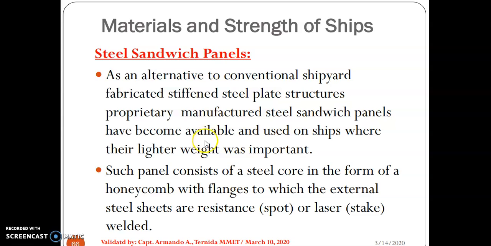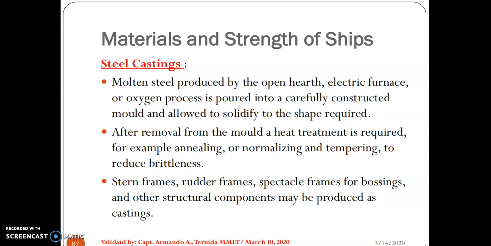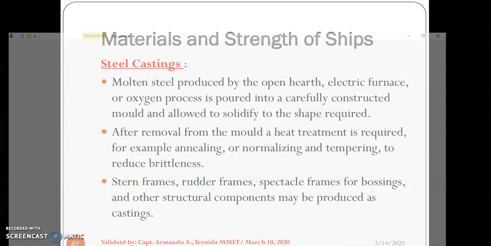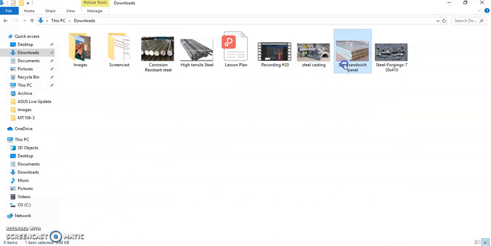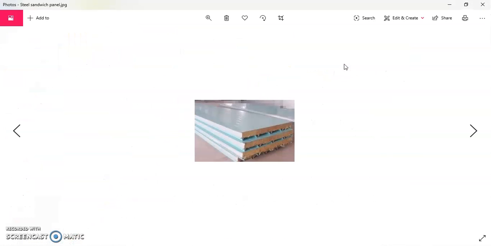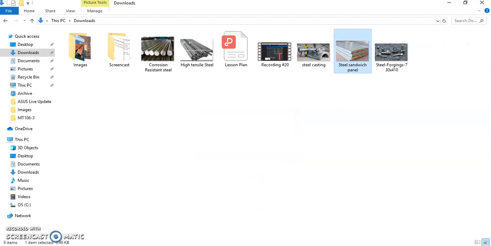Ito yung mga plates, parang sandwich. Okay, so we have a sample of a steel sandwich panel. Yung buo, malapad, pero ito ay kahoy lang yung loob, pero plate yung nasa labas. Okay, ito mga regular sheet, we have the plates.